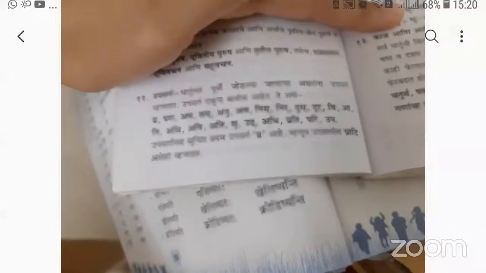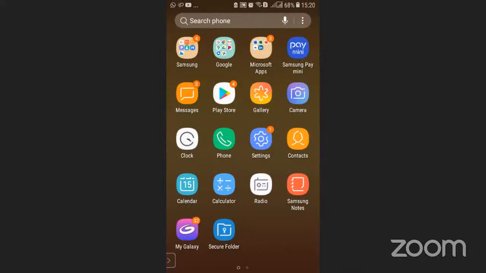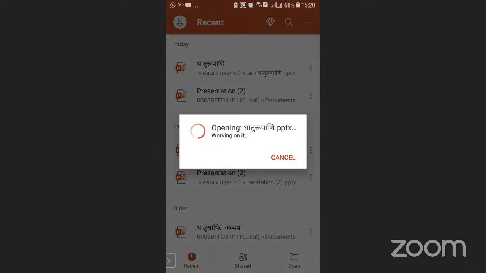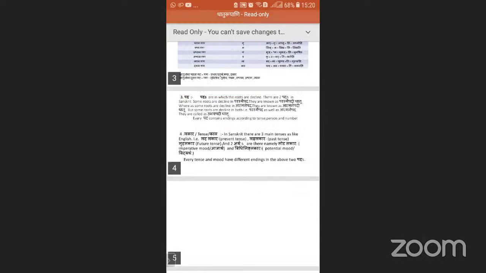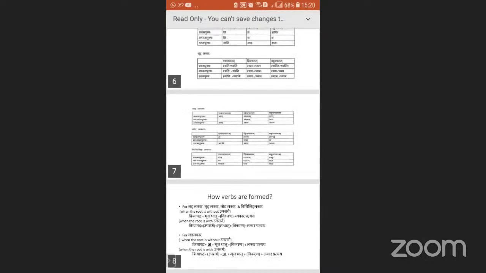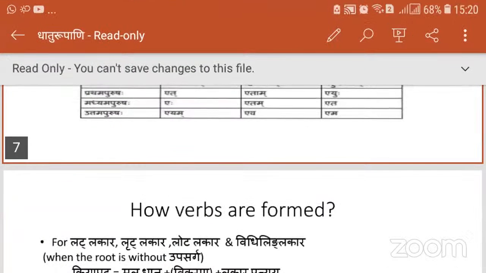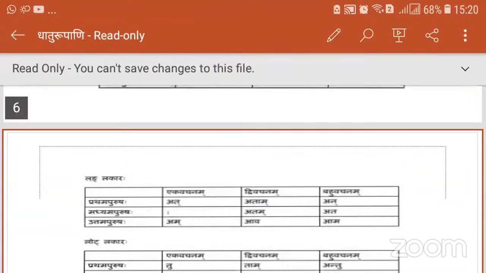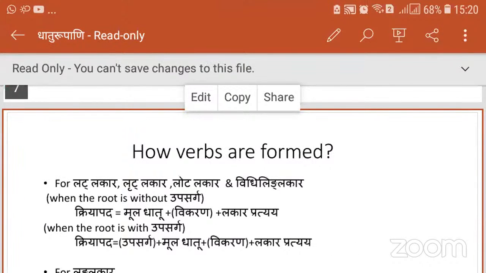Okay. Now we will go for our last point, that is how the verbs are formed. Now see how the verbs are formed.